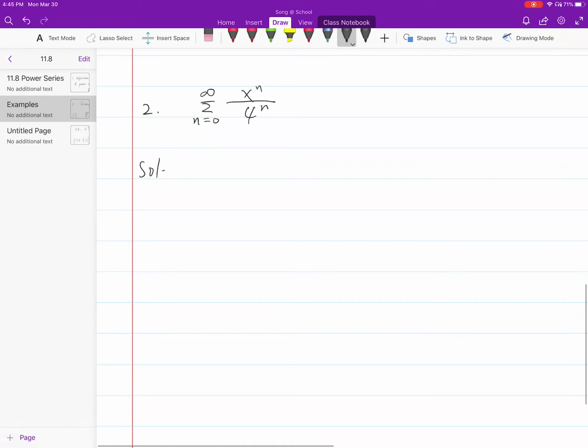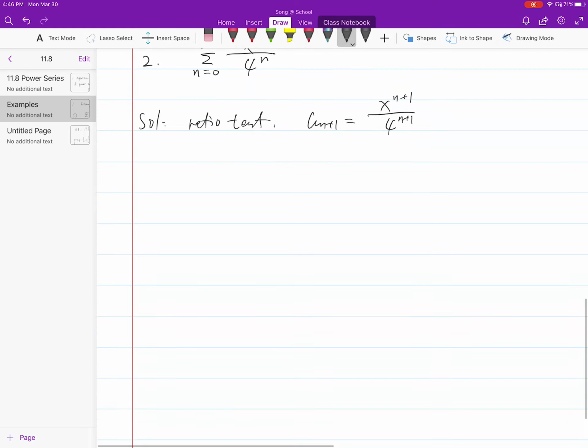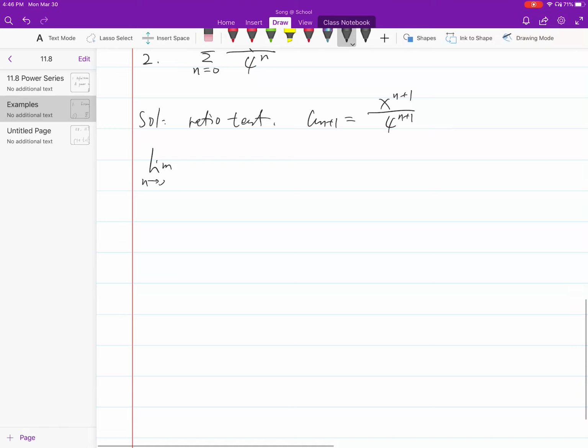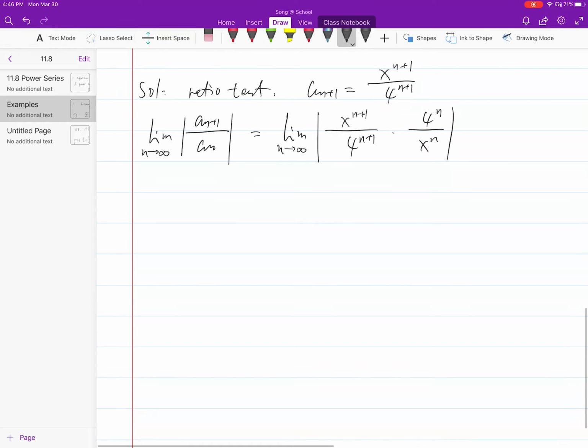Ratio test: a_{n+1} equals x^{n+1} over 4^{n+1}. So the limit as n goes to infinity of x^{n+1} over 4^{n+1}, times 4^n over x^n.